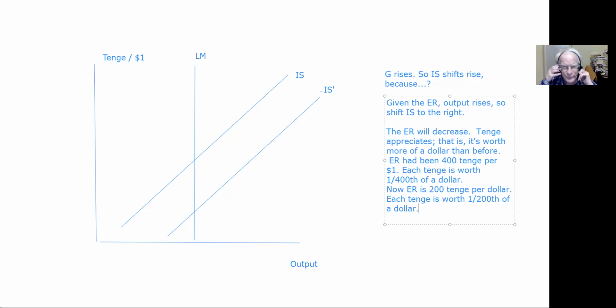So it doesn't sound like very much, but in fact, each tenge is worth twice as much as before. So the tenge is more expensive in dollar terms. Therefore, exports from Kazakhstan will rise or fall.